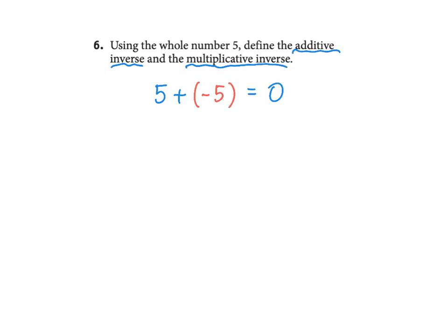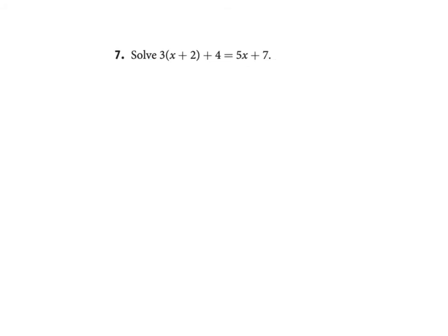That is the additive inverse, right? And then the next one, 5 times 1 over 5, that should equal 1. So that is the multiplicative inverse. So that's the answer.